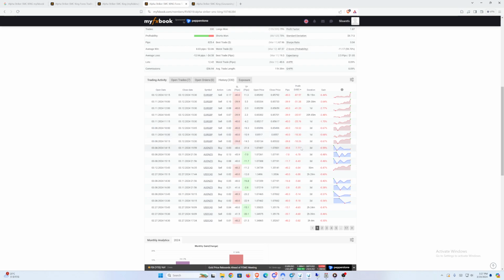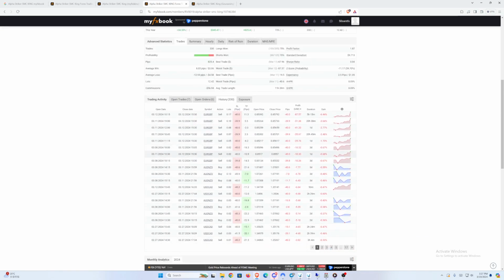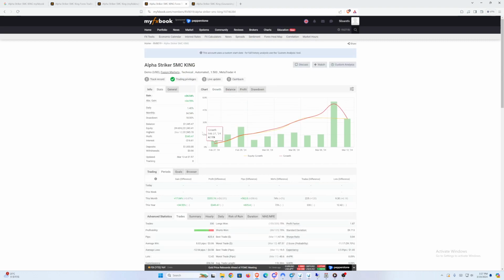Okay, so let's call it around $350 drawdown in a single day. That was the worst. So it makes sense, like a $1,000 deposit, $340 to $350 drawdown in a single day. So equity drawdown I think should be around 50%.